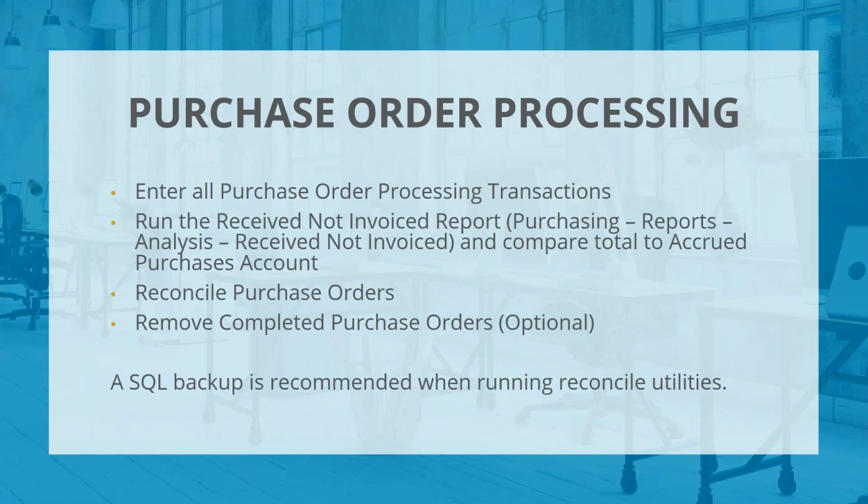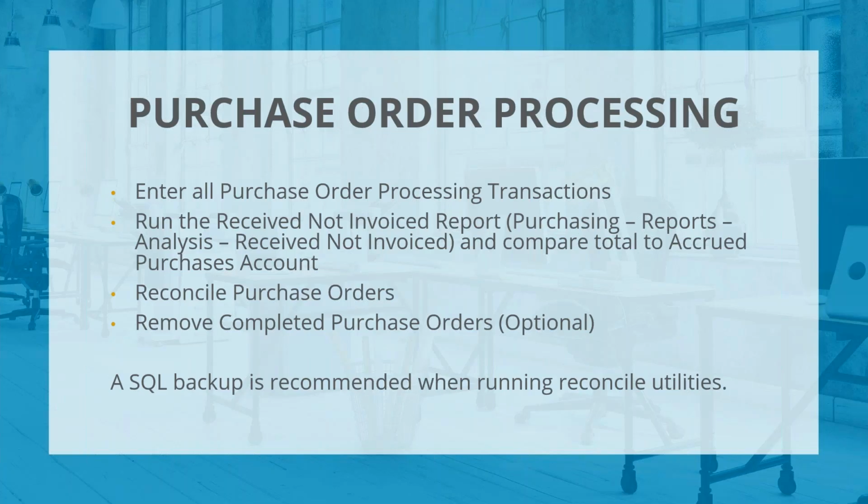So if I'm going to go in on a Saturday morning and I'm going to reconcile and remove sales order documents, and I'm going to reconcile and remove purchase order documents, and I'm going to close inventory, I can get away with making one backup before I do all three of those processes. Because in the process, if something goes wrong, I can go back.